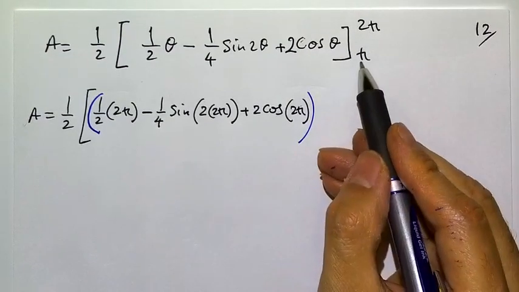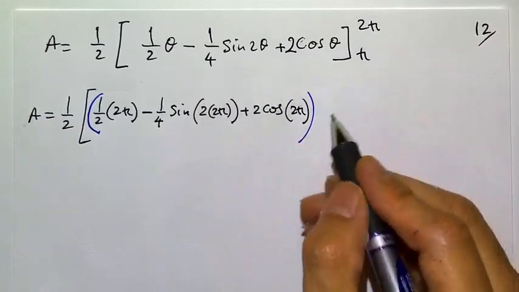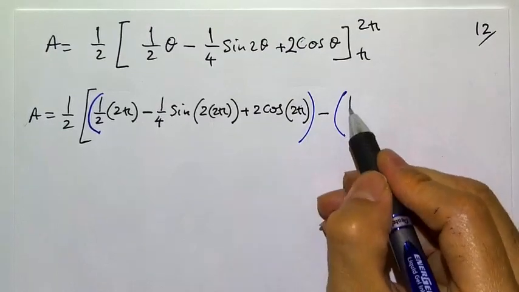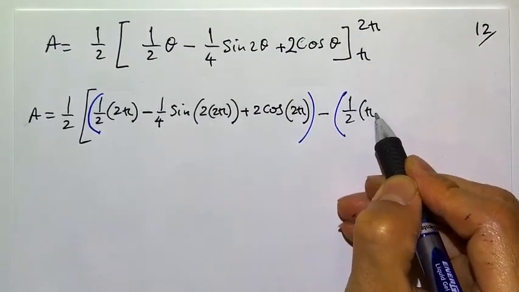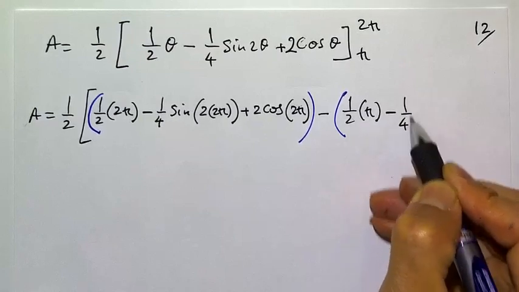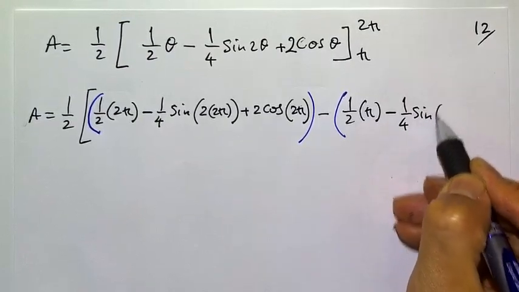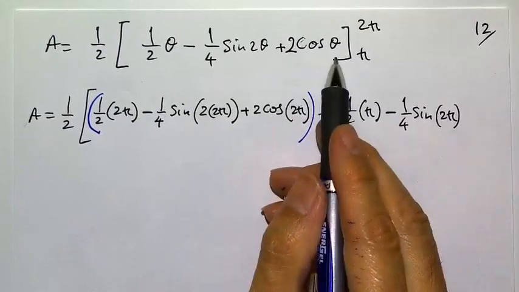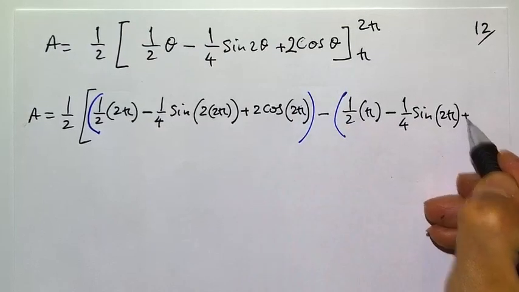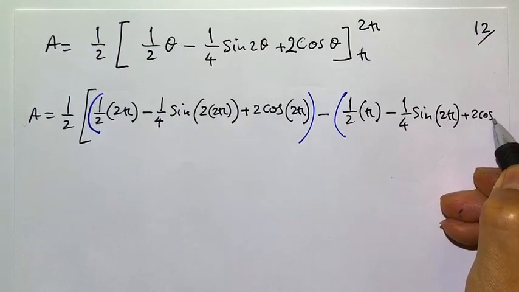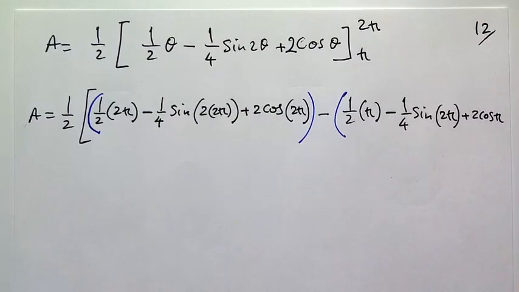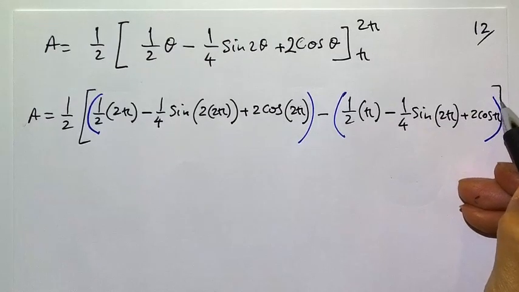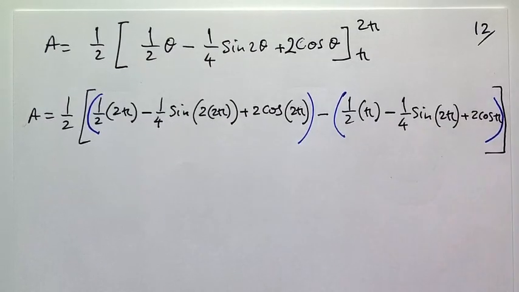Now let's substitute for theta with pi. So minus, and then we have 1/2 of pi minus 1/4 sine 2 pi, and then plus 2 cosine of pi. So close the parentheses and close the bracket as well, like that.